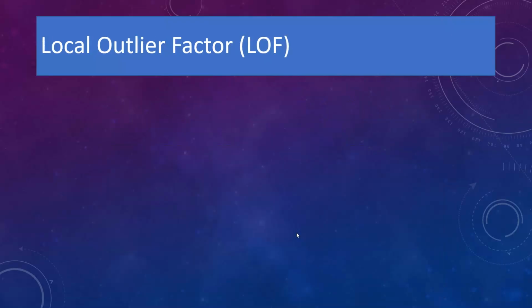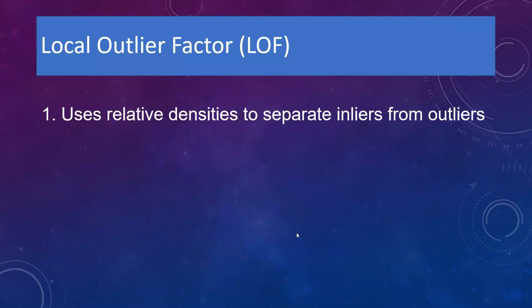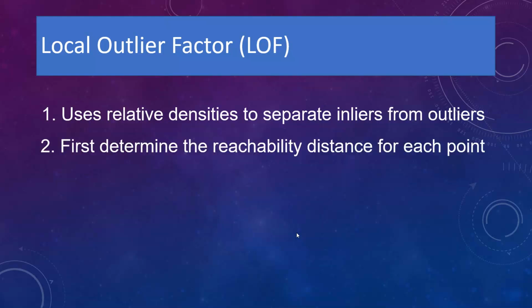To conclude, let's just look at the key highlights of the local outlier factor approach. It uses relative densities to separate inliers from outliers. In fact, it takes the ratios. In order to do that, it first determines the reachability distance for each point based on the maximum of the actual distance or the neighborhood distance.